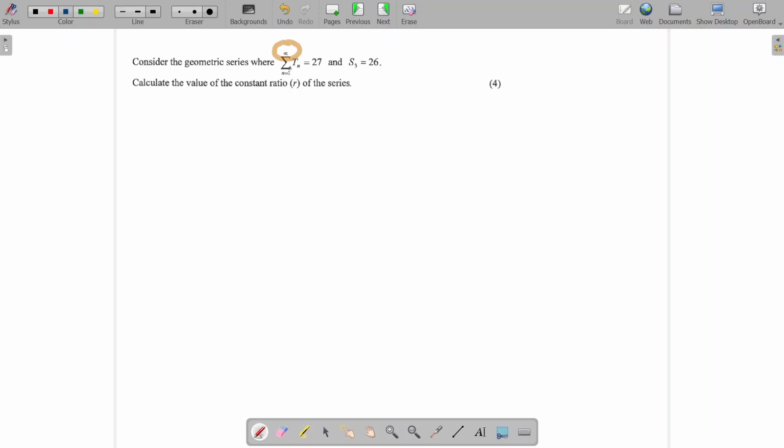Because this is a sigma notation, sigma being a sum, we are talking about a sum to infinity, and because we've got a value, we know that this is a over 1 minus r. They tell us that the sum to infinity of this thing is 27. So we know that this value equals 27.